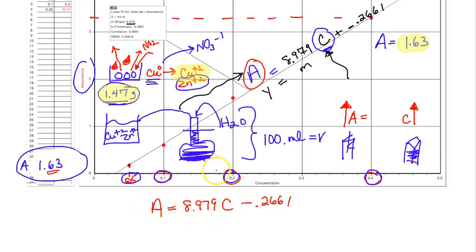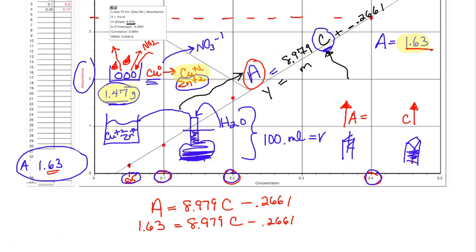So we know the absorbance. We just measured the absorbance of the ions that came from the brass material to be 1.63. So now I'm just going to do algebra to solve for C, using the linear equation that was developed by calibrating the curve.